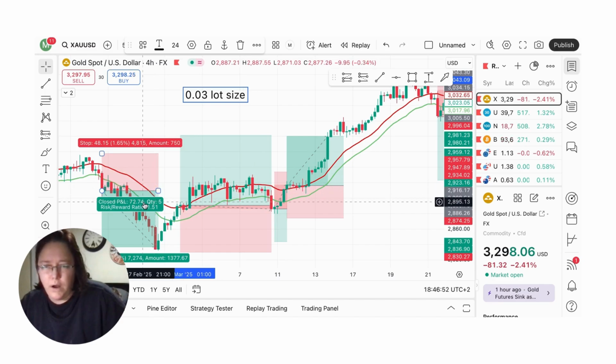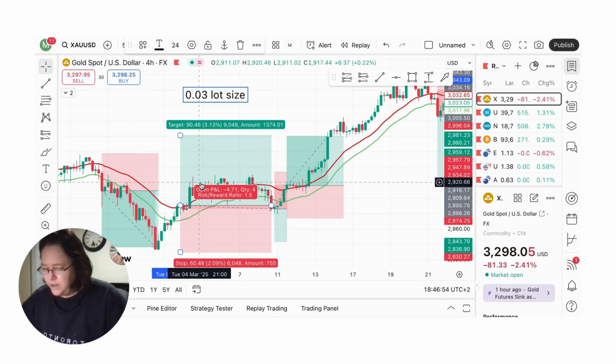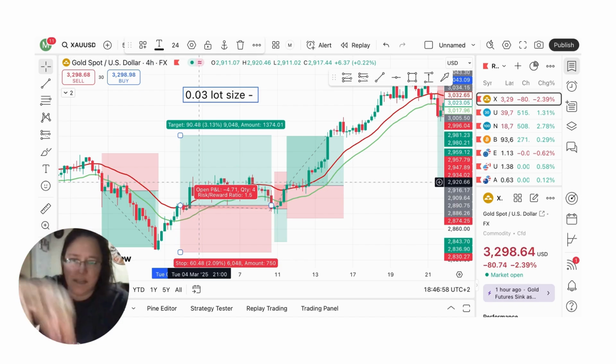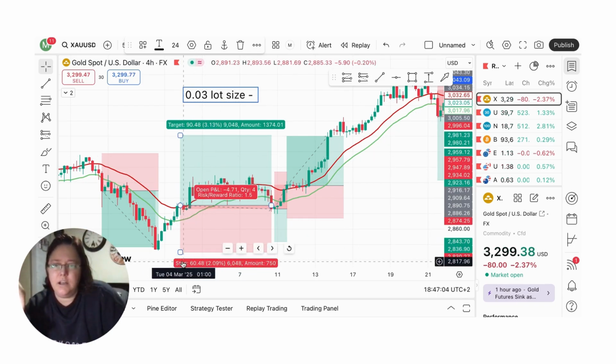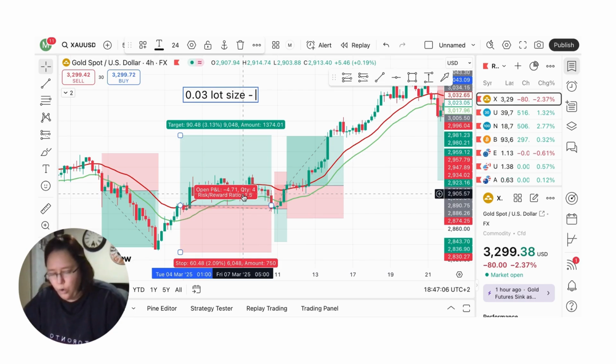So this trade won for me. On a 0.03 lot size, I always calculate it, no matter where my TP is. I will calculate, according to a lot size calculator, that I never lose more than $9 per trade.